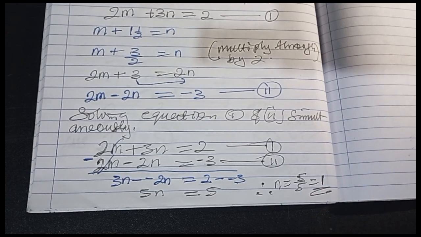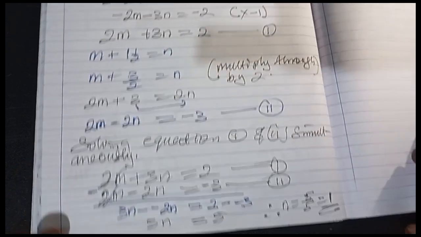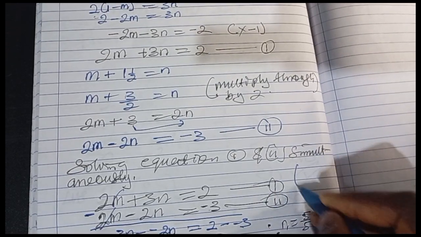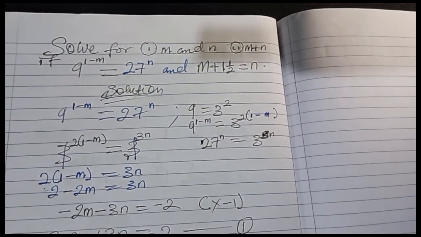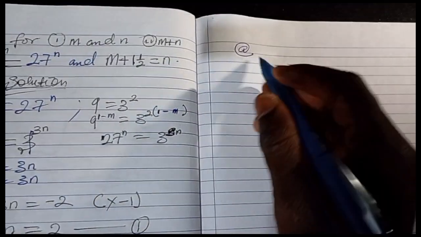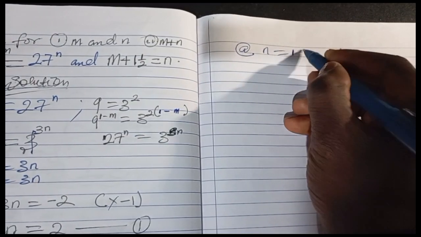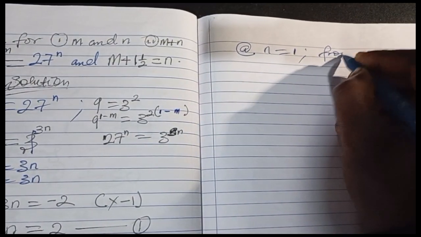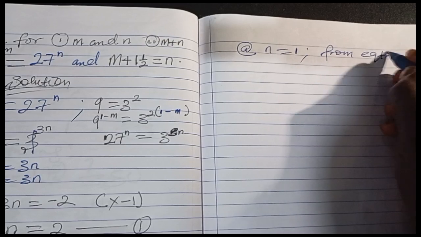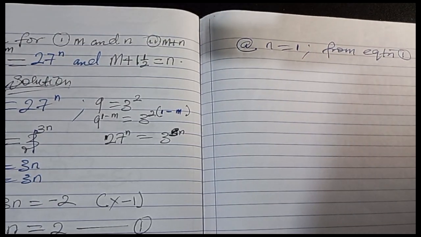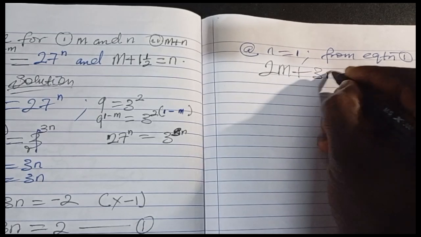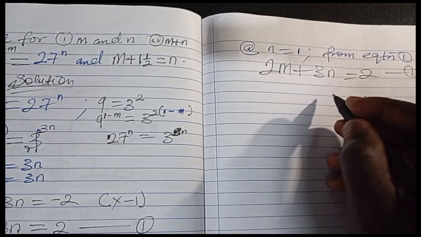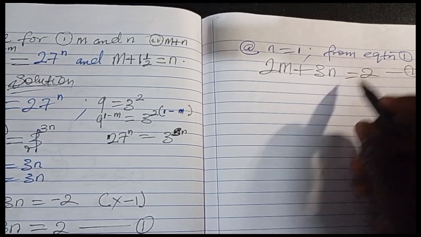So the value of n is 1. Okay? So we have n equals 1. So let's substitute to solve for m. So at n equals to 1, from equation 1, we had 2m plus 3n equals to 2. Then n is what? 1.